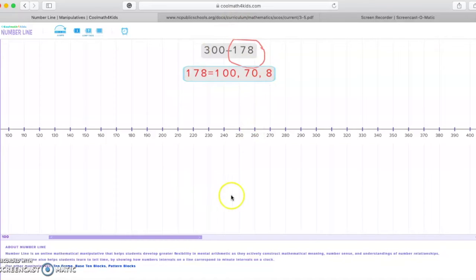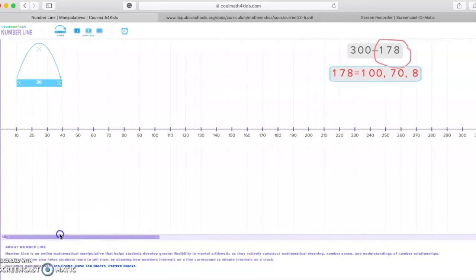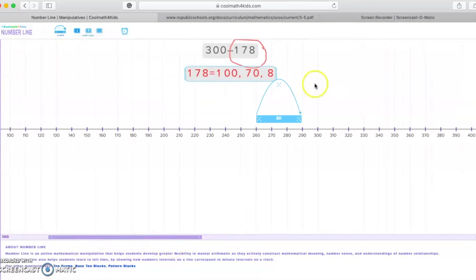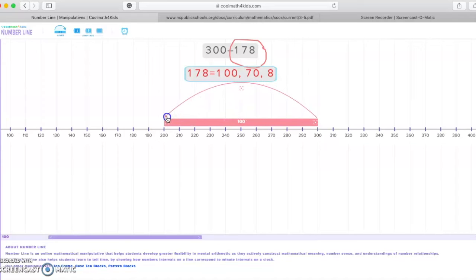So to do so, I'm going to do my first jump, and I just have to go and grab my jump over here. So I'm going to place my jump on the highest number, which is 300, and use my first number, 100, to jump back. So I've jumped back 100, and now I'm just going to mark that out because that jump is done.